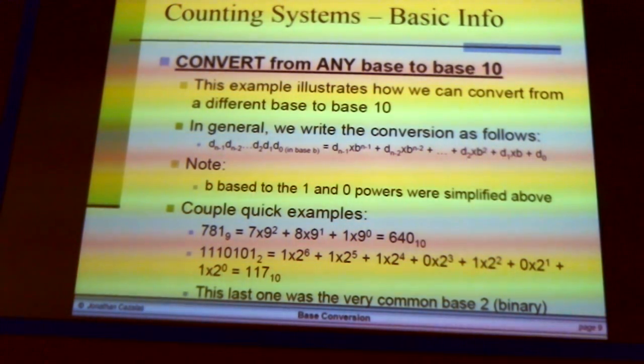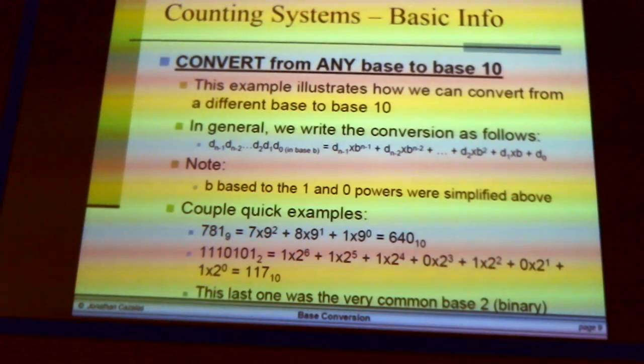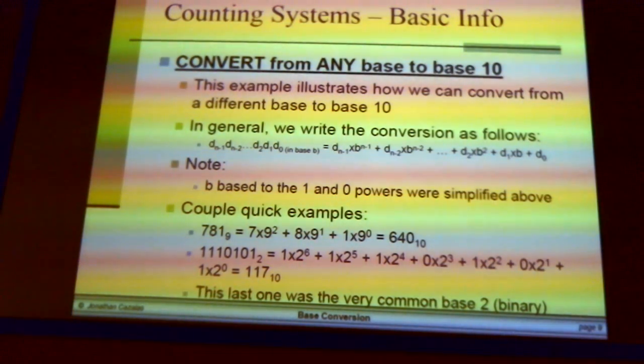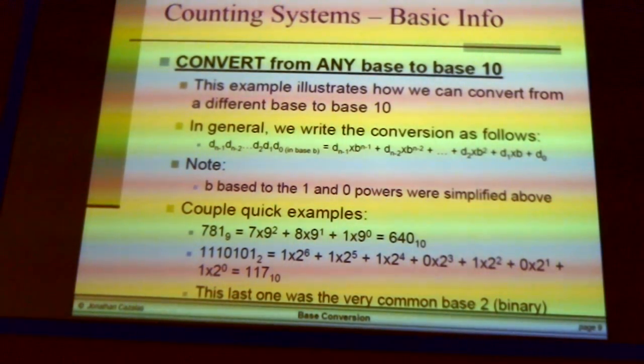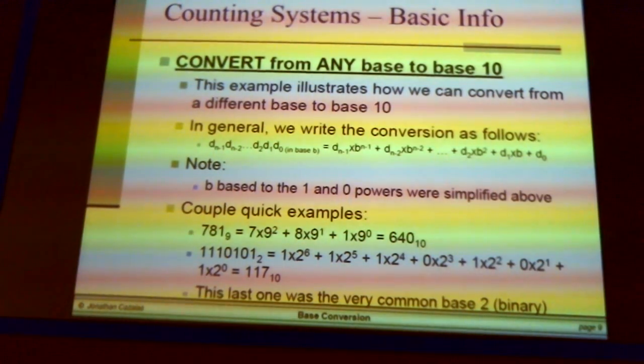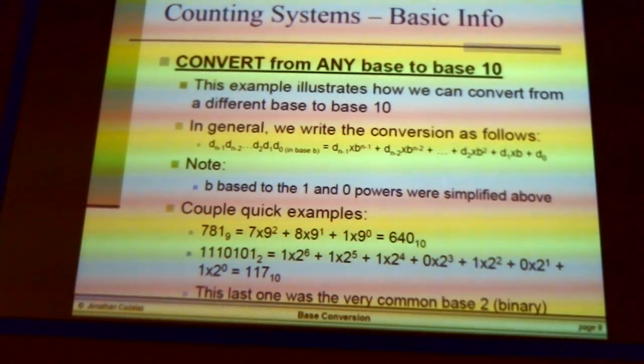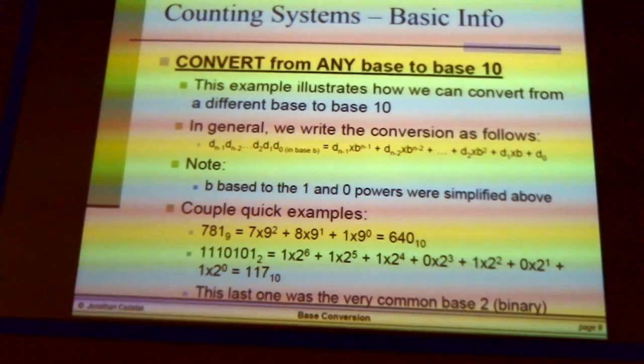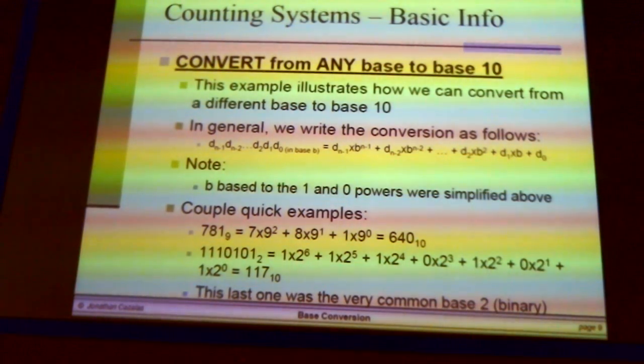Yeah. And that results in the end with the number 117 in base 10. Yes. So what if instead we added using arithmetic with a different base? I'll show you. Okay.